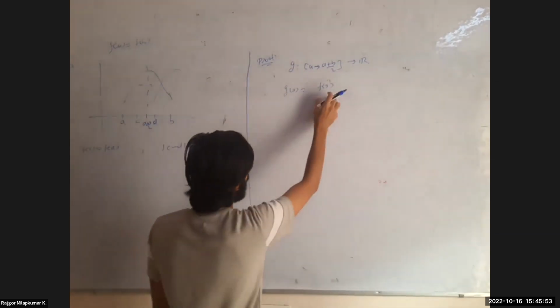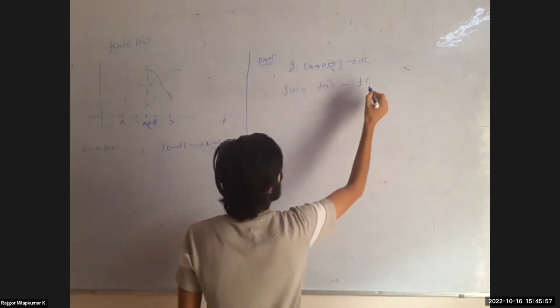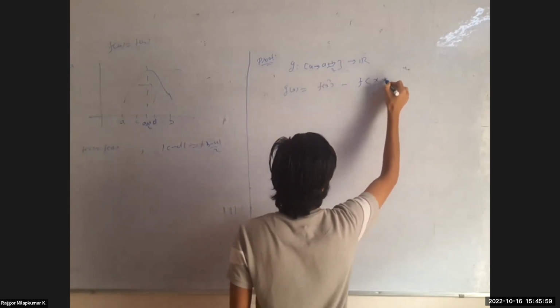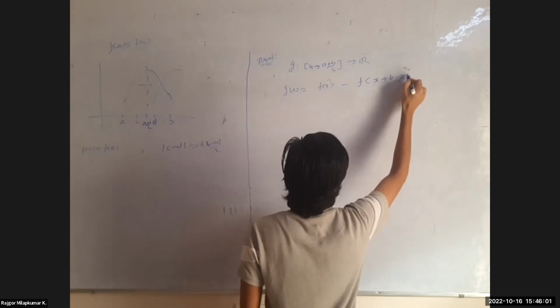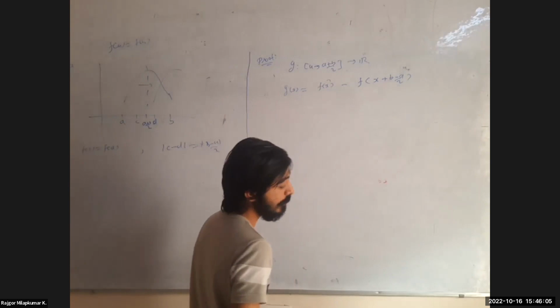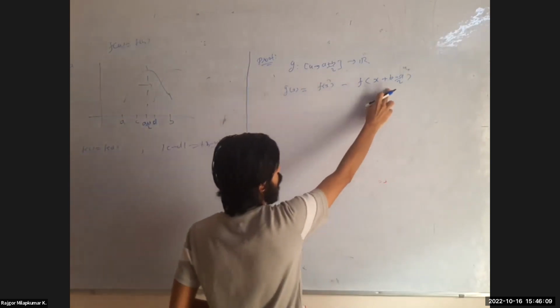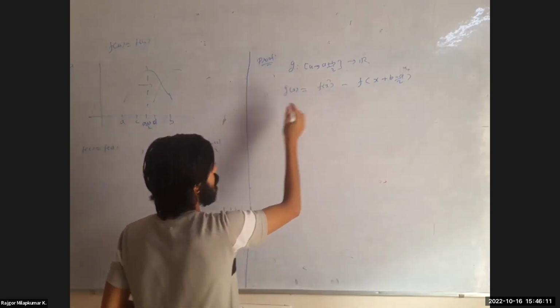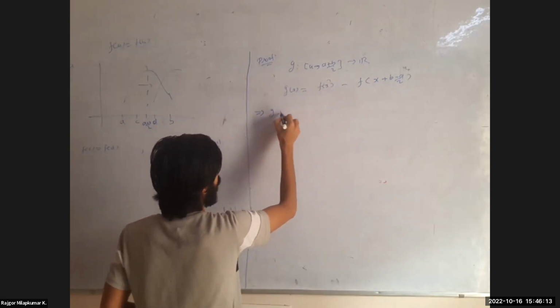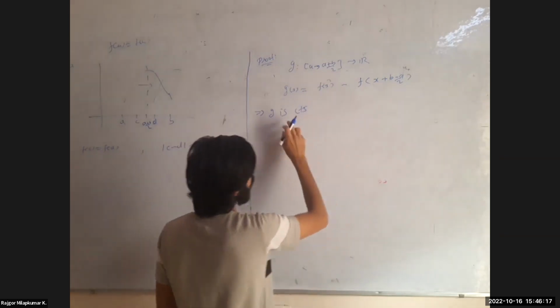Here, b minus a by 2 is this length. Now since f is continuous, this is also continuous, so this implies that g is continuous.